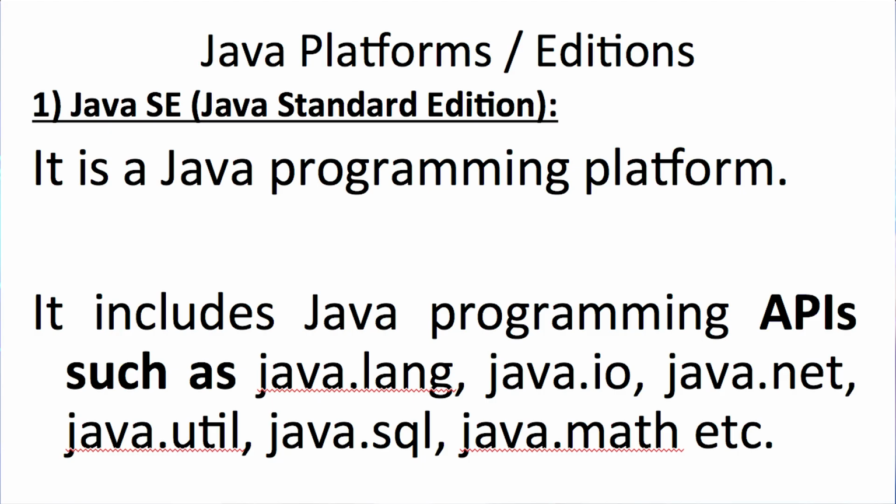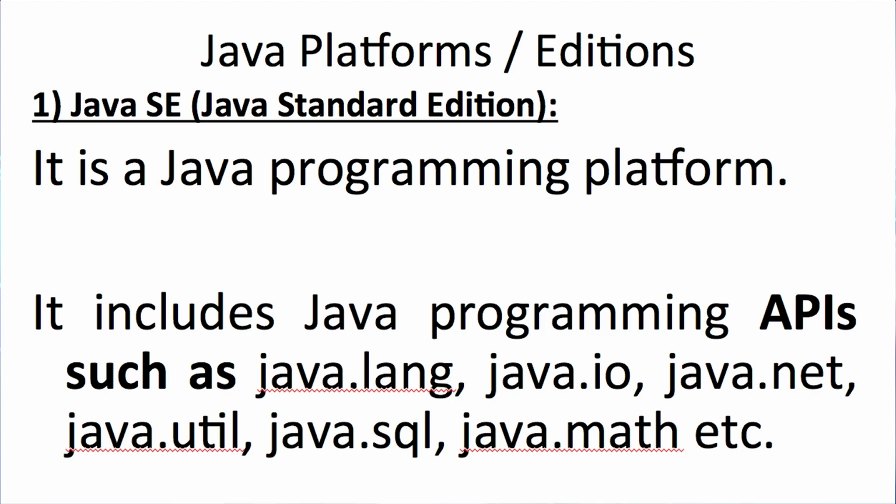Sometimes we write import java.io before starting a program in Java. A number of input output functions are in java.io, networking related methods are in java.net, and utility related functions are in java.util.